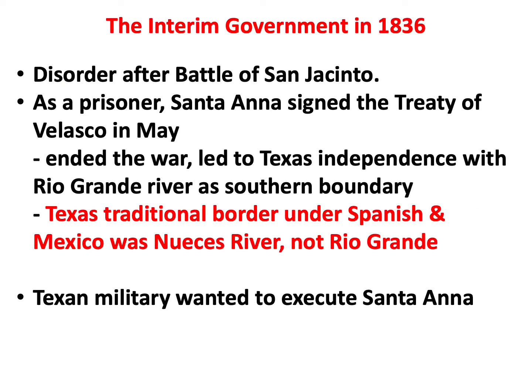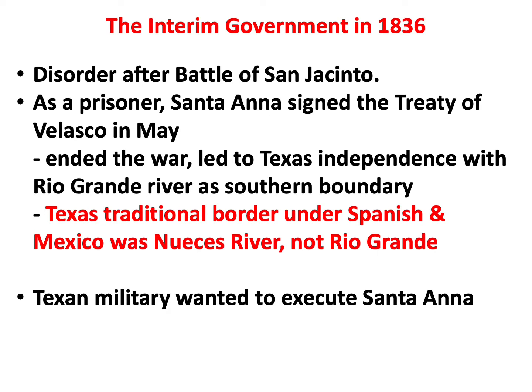So immediately after winning the Battle of San Jacinto, you will recall, as a prisoner, Santa Anna signed the Treaty of Velasco about a month after the actual battle. Now that ended the war and led to Texas independence, with the Rio Grande River as the southern boundary.